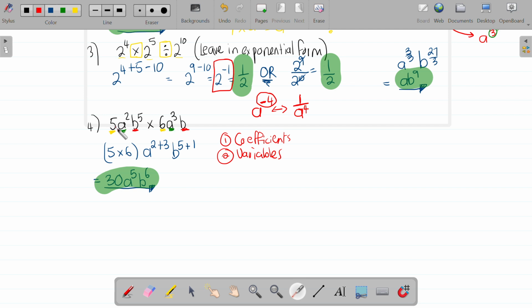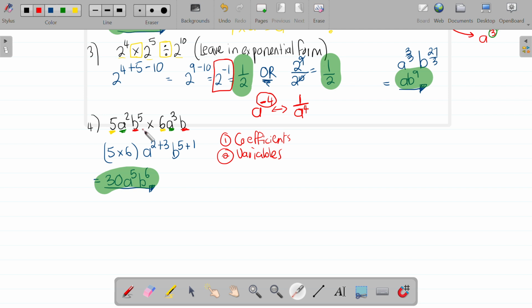So I'm first going to deal with my coefficients, which are 5 and 6. So I'm going to say 5 times 6. Then I'm going to deal with my variables. So that's going to be a squared times a cubed. What happens when I have the same bases? I add my exponents. So it's going to be 2 plus 3.